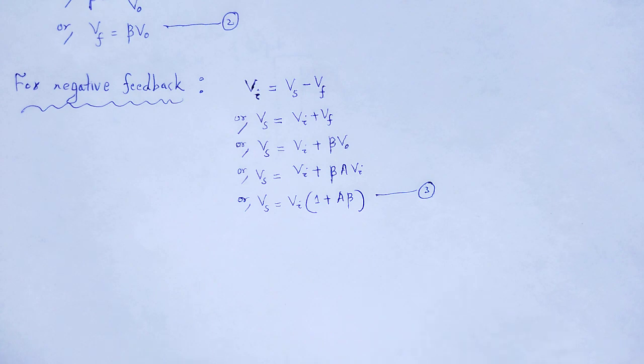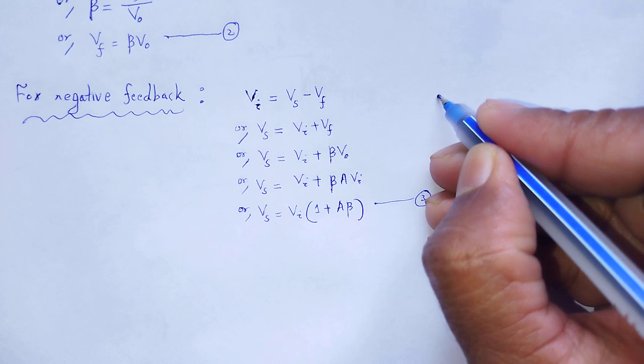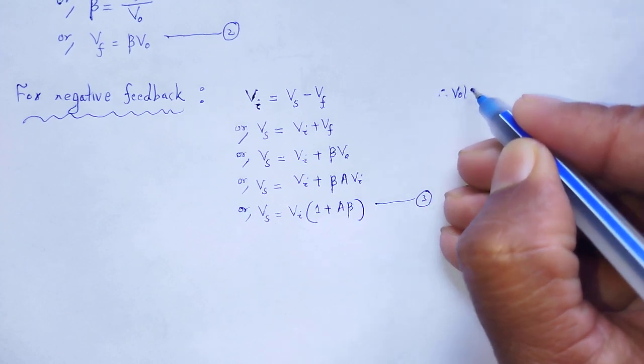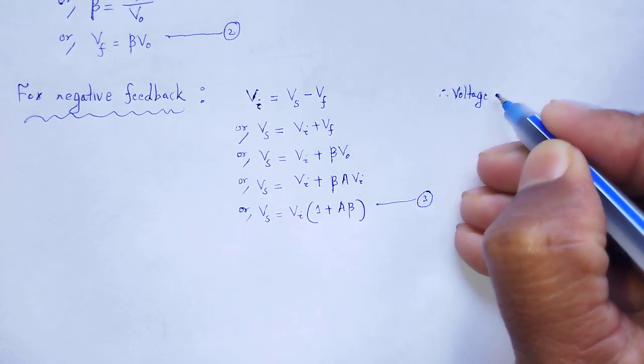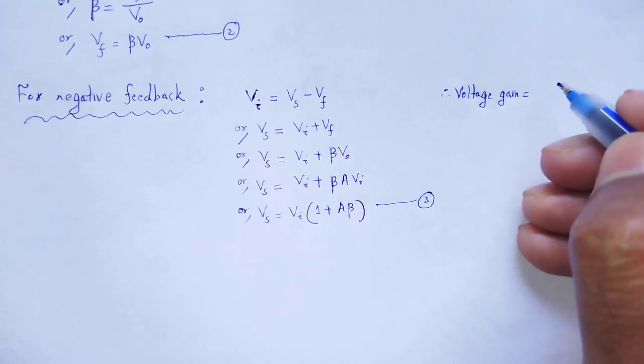Now, for negative feedback, we can calculate the voltage gain. The voltage gain in negative feedback, A dash, is the output voltage to the input voltage.